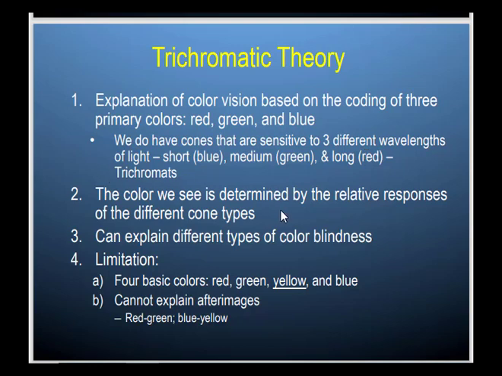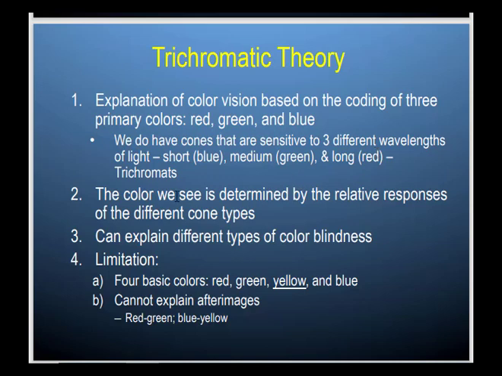And then what we see, again, all of these cones are simply just sensing the different wavelengths, in other words, producing action potentials when they're interacting with that wavelength. But then what our brain does when that information comes in is, depending on the ratio of incoming action potentials, your brain will perceive it as different colors.